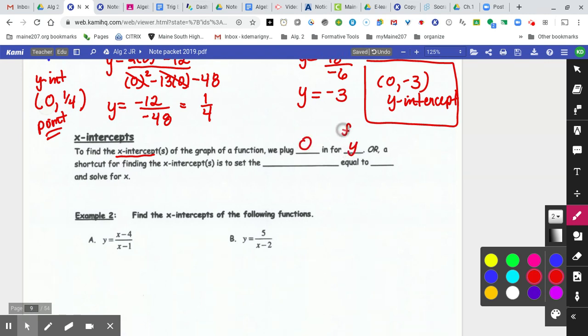In a lot of these cases, they're going to be f of x or g of x or whatever, but it is the y value. A shortcut for finding the x-intercept is to set the numerator equal to 0 and solve it for x. There's a reason for that, and I'll show you why on the first example.